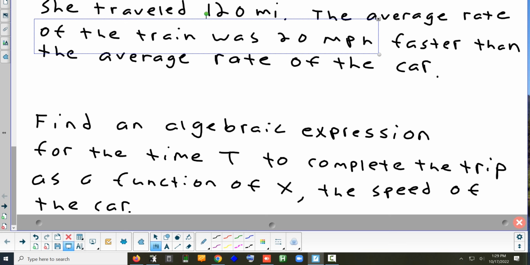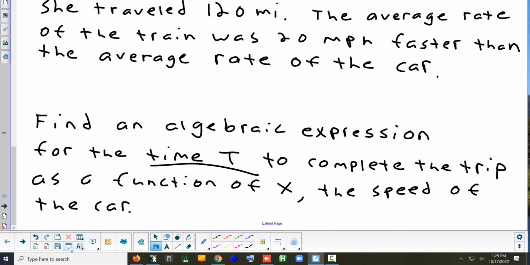So we're going to write a formula for the time. Now, how many modes of transportation is she using to get where she's going? Yeah. She's using 2. So she's going to spend a certain amount of time in the car, and she's going to spend a certain amount of time on the train. And we want to find a formula for the total time that includes both.